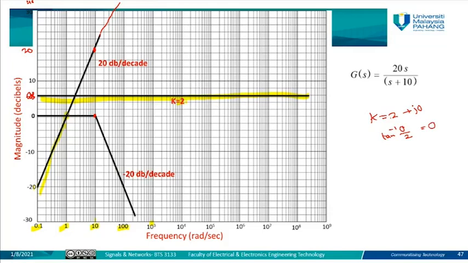The angle for the derivative will be equal to positive 90. And the angle for the first order pole will change from 0 to 45 to 90, based on the previous lecture.